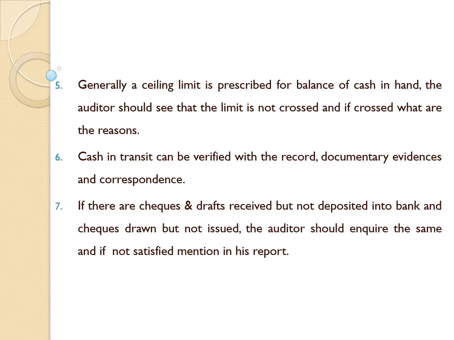So the auditor should see that the limit is not crossed, and if that limit is crossed, the auditor should know what the reasons are for crossing such a ceiling limit. But in a general way, the prescribed or ceiling limit should not be crossed by the organization in maintaining cash in hand.